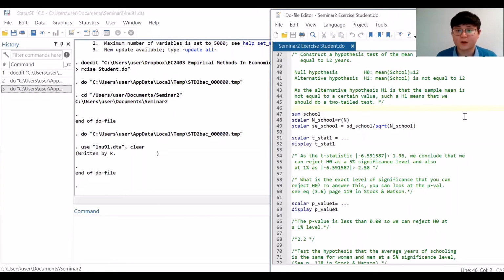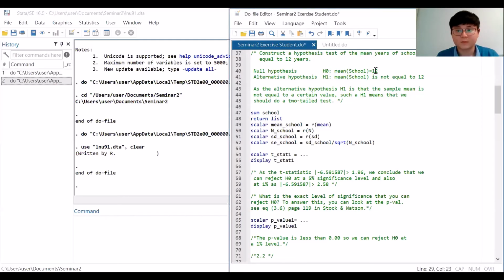And below, we are going to operate it on Stata. To get the values that we need, we first operate summary, and then we execute return list and scalar to store the values that we need.